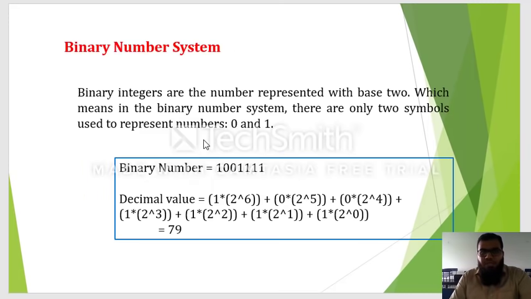The first one is the binary number system, which uses only two numbers, either 0 or 1. The base number system that we have is decimal. Suppose I told you to represent 129; the basic representation of 129 is in the decimal number system.